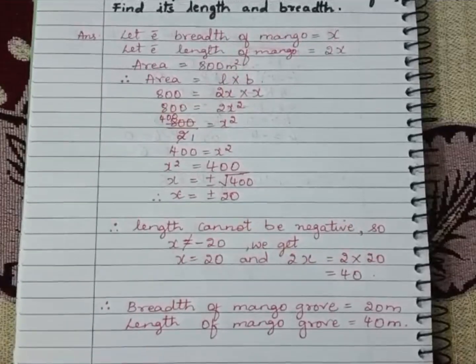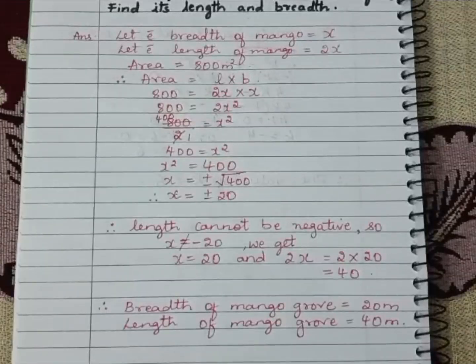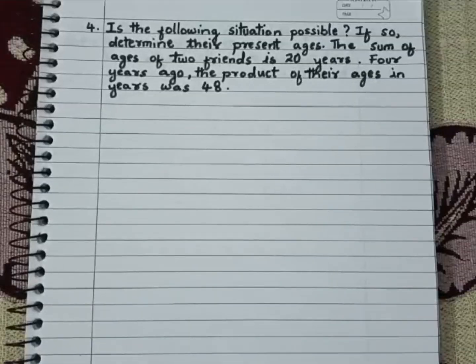Now let us go for the fourth question. Is the following situation possible? If so, determine their present ages. The sum of ages of two friends is 20 years. 4 years ago, the product of their ages in years was 48.